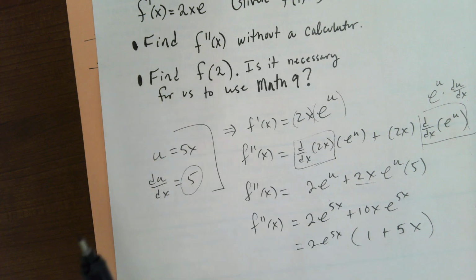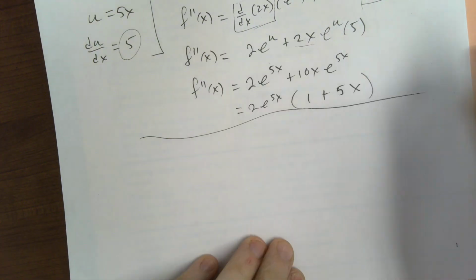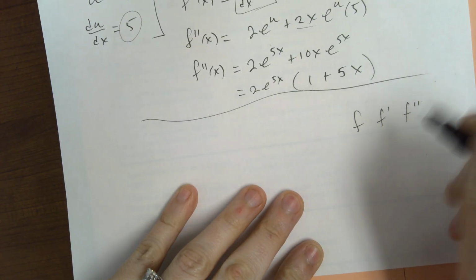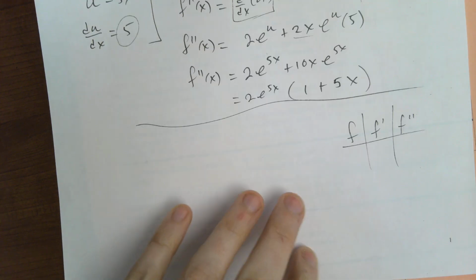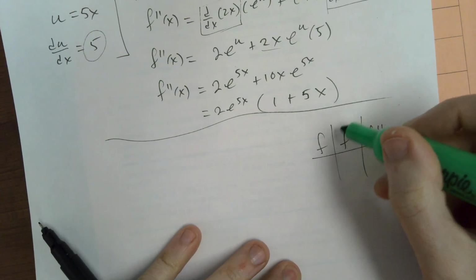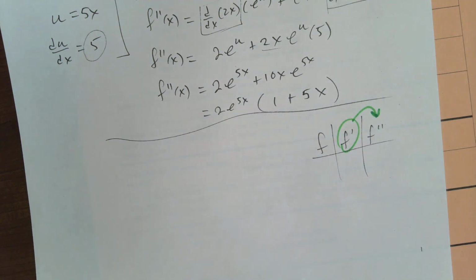Now we're going to find f of 2. So here's the situation that we're in. We've got a derivative sequence, and we're starting in the middle. And we just found the derivative, or instantaneous rate of change, to get f double prime.